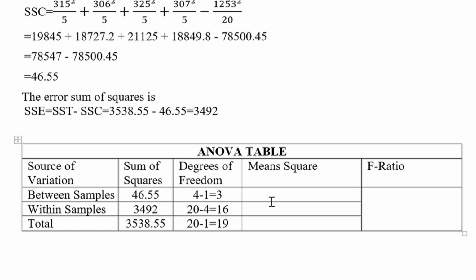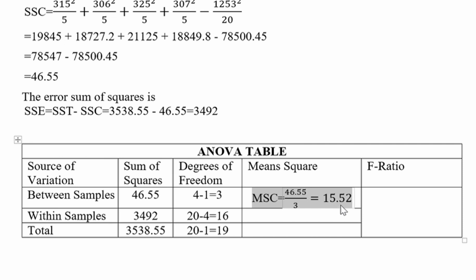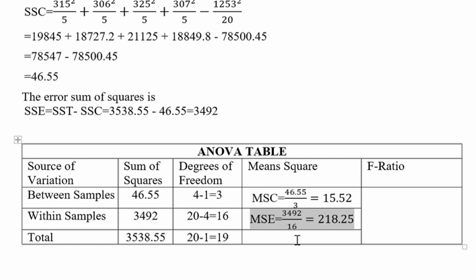Now, the next thing is to calculate the mean squares. We get that by taking a value from the sum of squares divided by the corresponding value in the degrees of freedom. So the first one will be 46.55 divided by 3, and that will give us 15.52. The next one will be 3492 divided by 16, giving us 218.25.